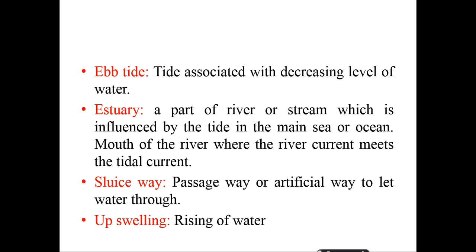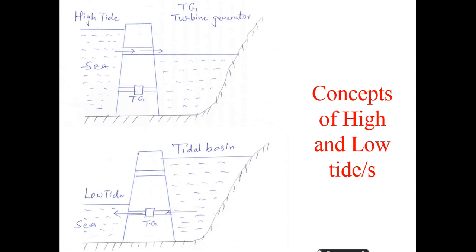You may find this estuary in Gujarat near Dwarka, where the Gomti river meets the Arabian Sea. Then we have sluiceway, that is a passageway or artificial way to let water in through. And then we have upswelling, that is rise of water. This is the concept of tide.